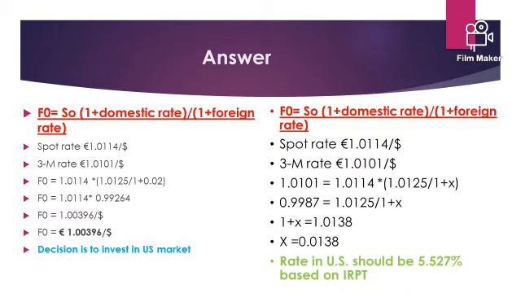That means the actual rate is more. The bank is selling at more, though the rate should be only 1.00396. So to grab the opportunity, as both rates are different, we will enter into selling dollar after 3 months. So the decision should be, we will invest in the US market.